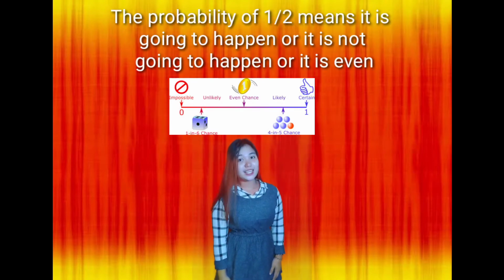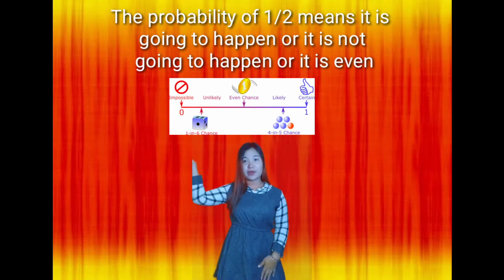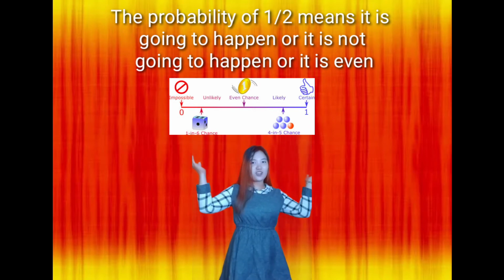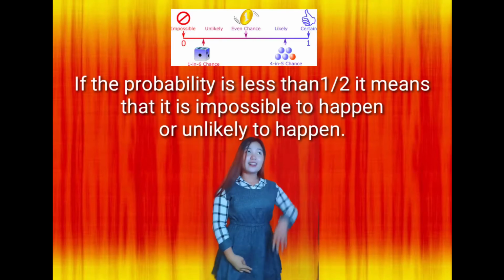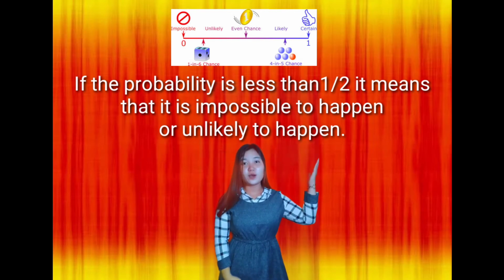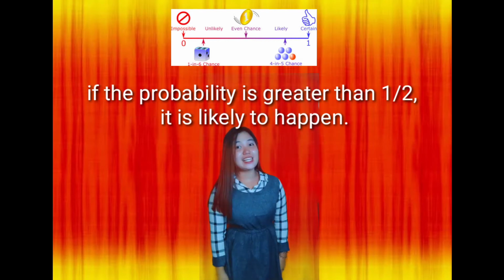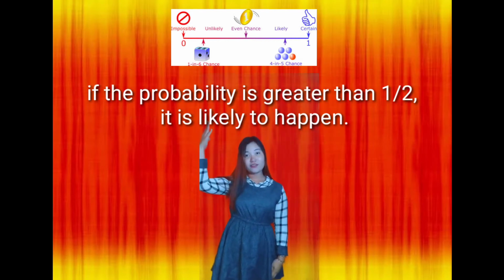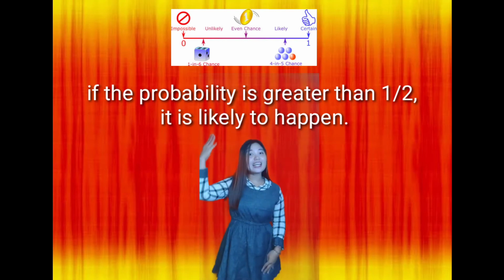The probability of 1/2 means that it is equally likely to happen or not happen. If the probability is less than 1/2, it is unlikely to happen. If the probability is greater than 1/2, it is likely to happen.